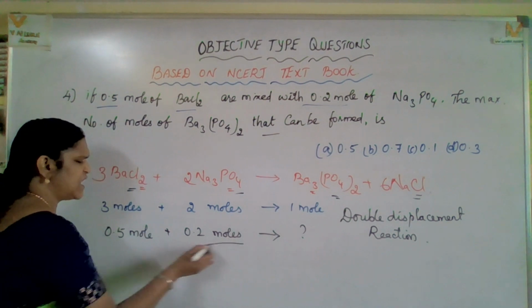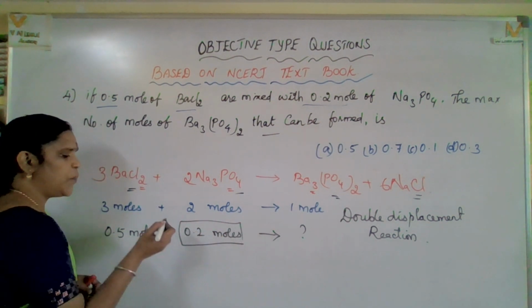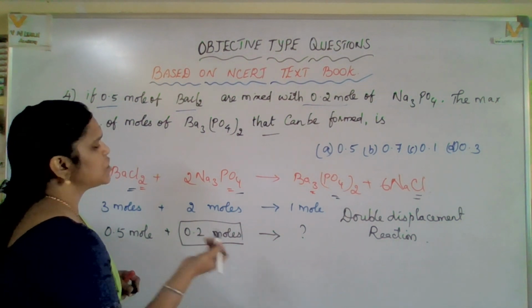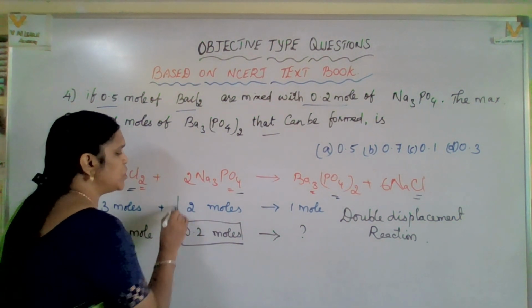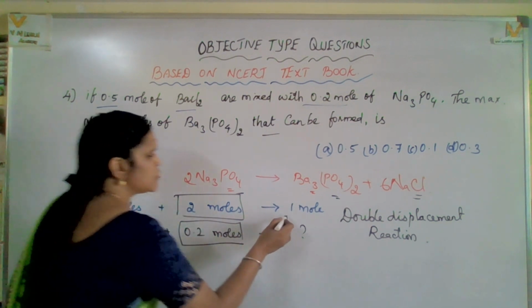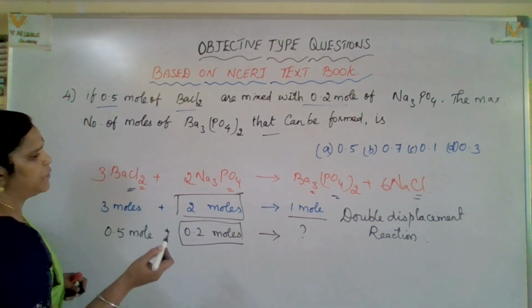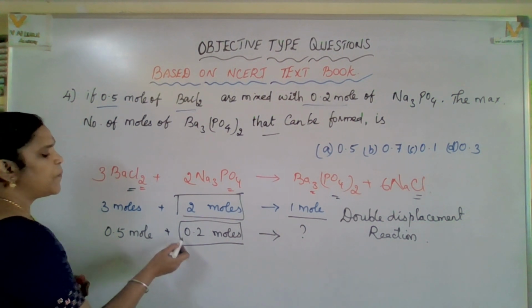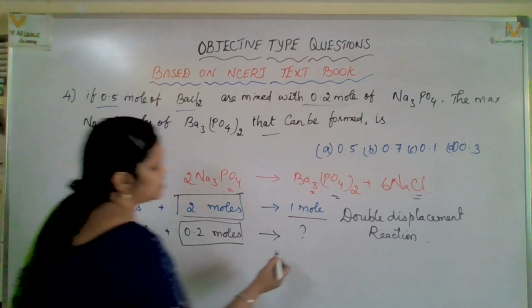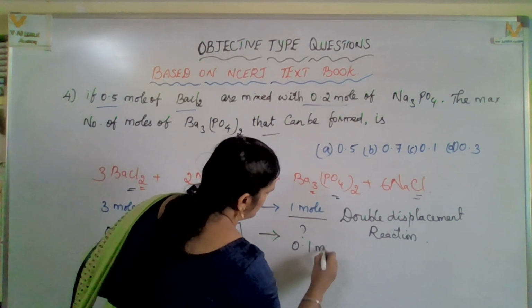See, here logical way you think, 0.2 moles of Na3PO4 can produce how much? Here 2 moles of Na3PO4 can produce 1 mole of Ba3(PO4)2. That means 0.2 moles, how much it can produce? Naturally 0.1 mole.